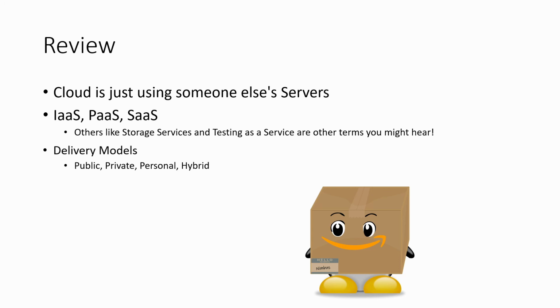We talked about infrastructure as a service, platform as a service, and software as a service. Okay. There are other ones out there. You may hear of storage services or testing as a service. There might be others that are out there, but those are the three that we really took a look at, and we took a look at the different delivery models: public, private, personal, and hybrid.